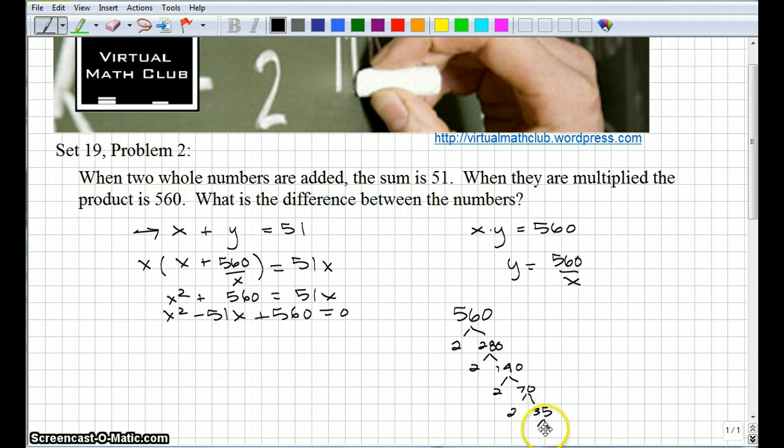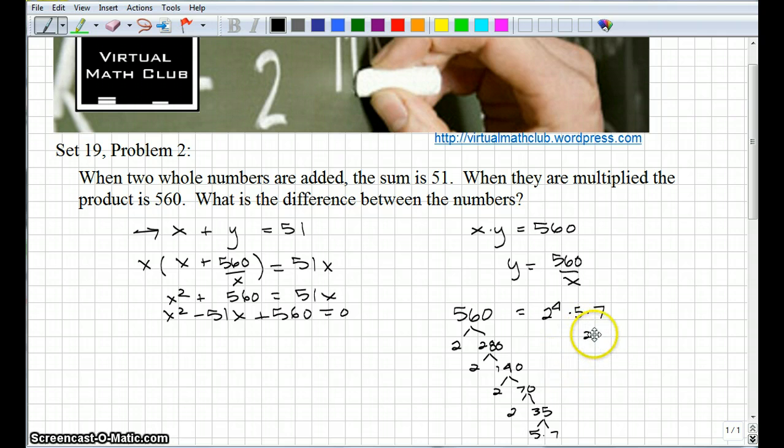And then 35 is 5 times 7, and 5 and 7 are prime. So essentially we have 2 to the 4th times 5 times 7. So let's look at what the factors would be.